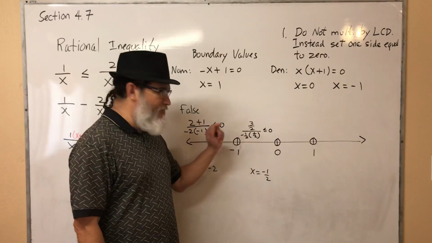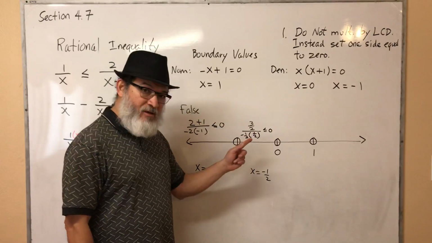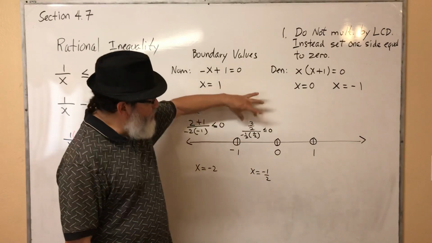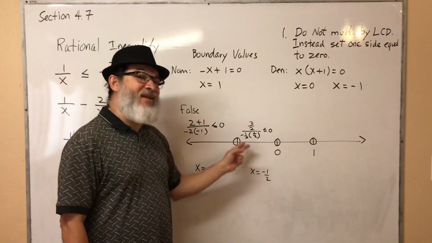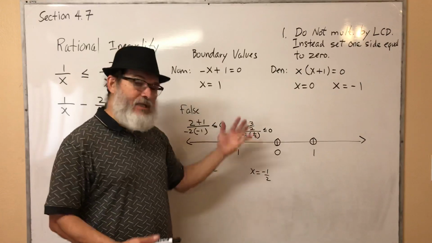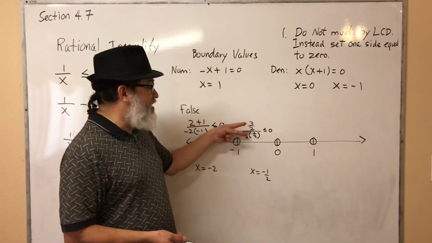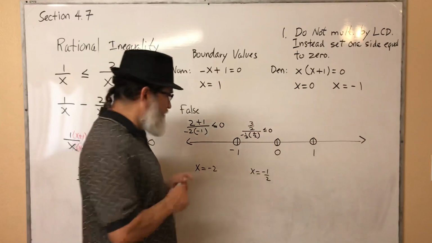In the numerator, we have a positive. In the denominator, what's a negative times a positive? Negative. So in the numerator we have a positive, in the denominator we have a negative. What's a positive divided by a negative? Negative. Is a negative less than or equal to 0? Yes. So we shade.